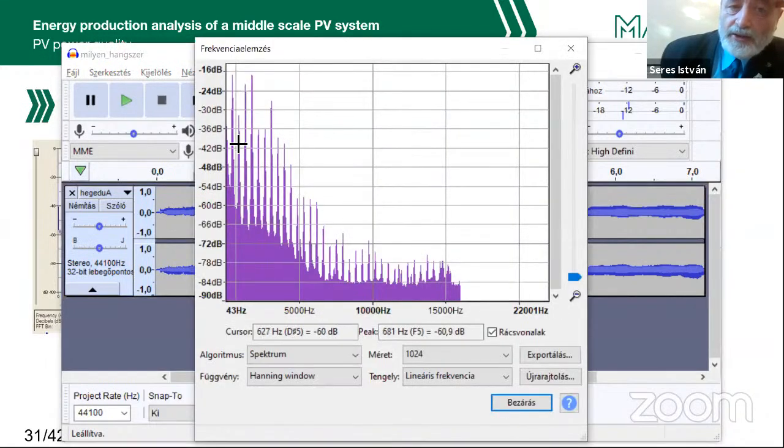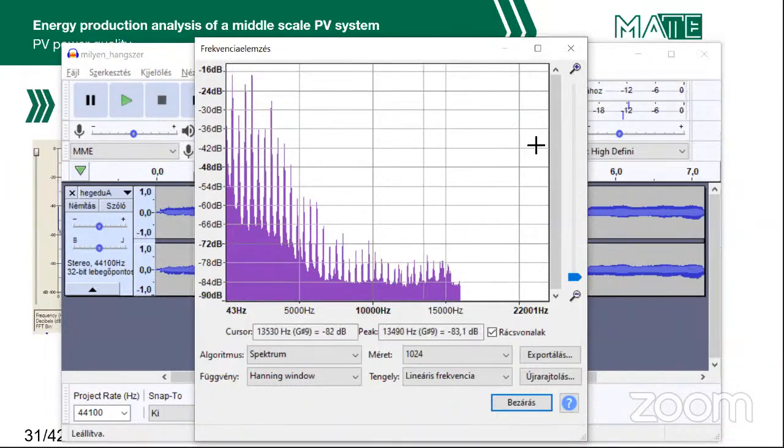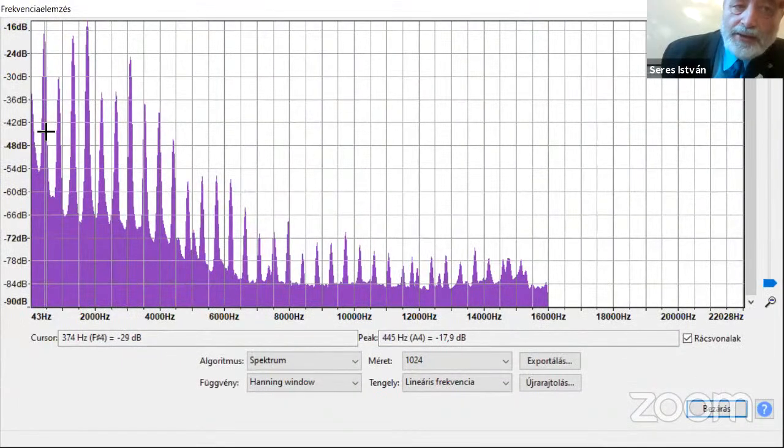The spectra shows what sort of frequencies were used in between. This is the spectra of the violin. I have 4 children, so they play different instruments. At this moment, we can see that this was about 440 hertz.